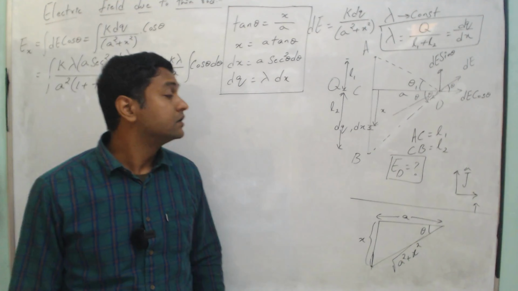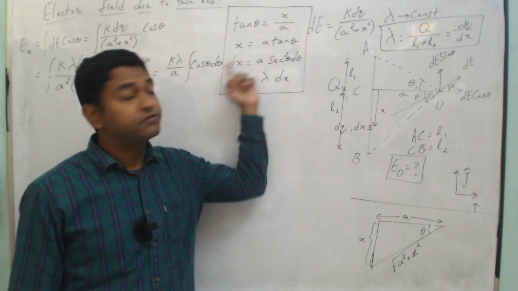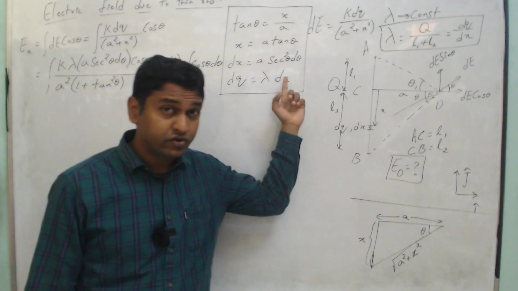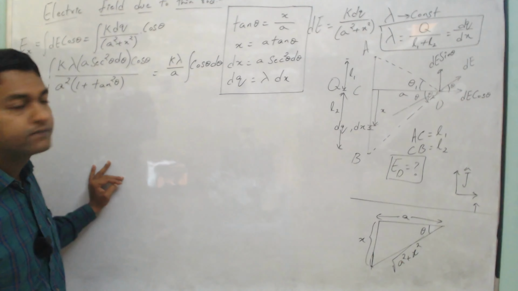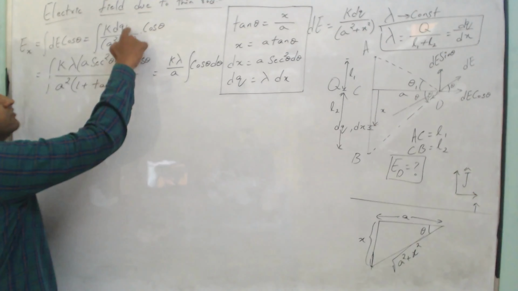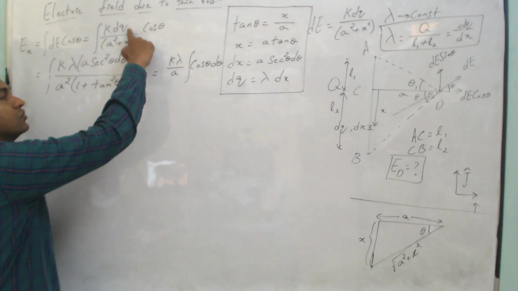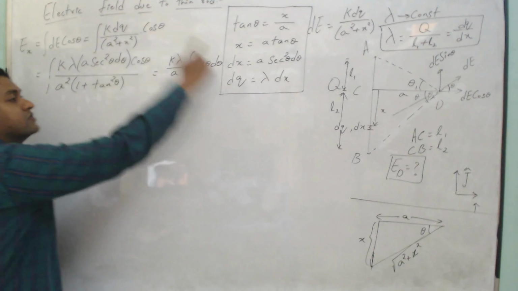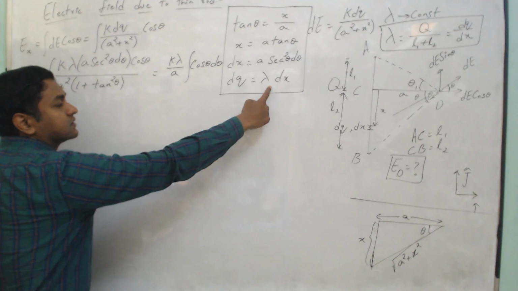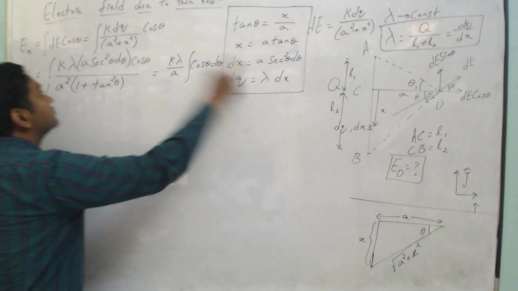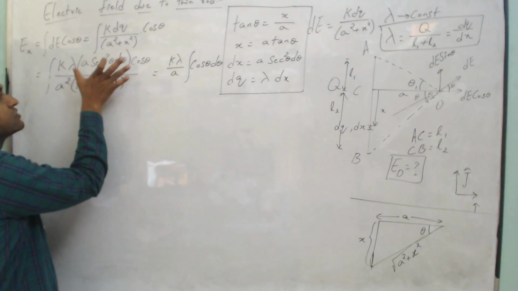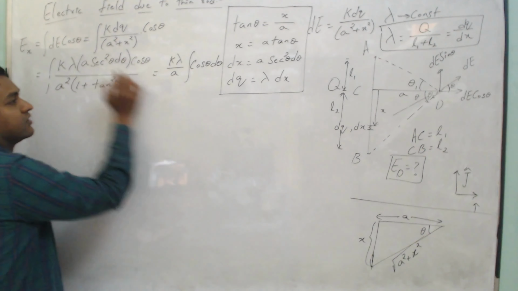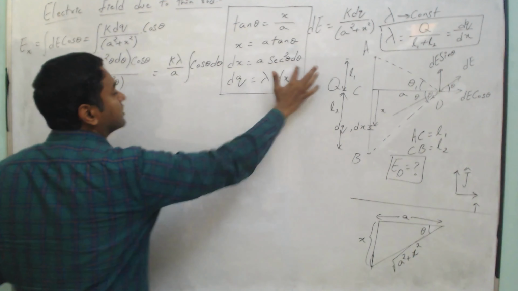Whenever we substitute, we differentiate. So dx is equal to a secant square theta d theta. Clear? Now, here I have dq, which is lambda dx. So I substituted lambda, and in place of dx, I have a secant square theta d theta.